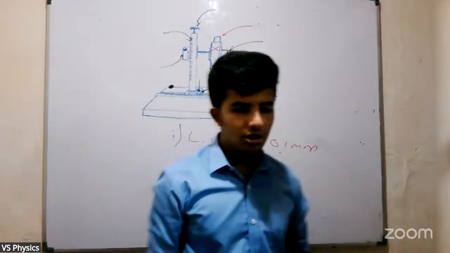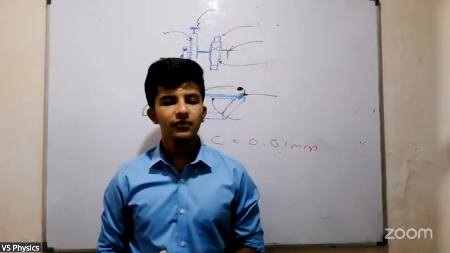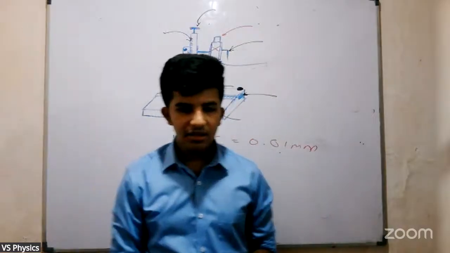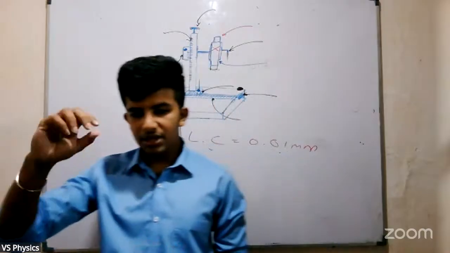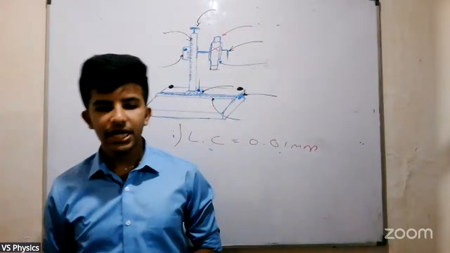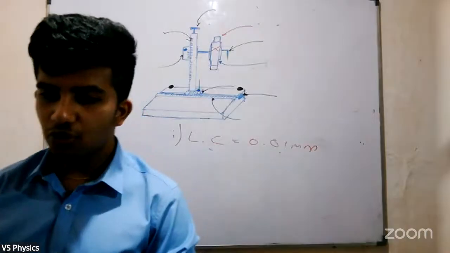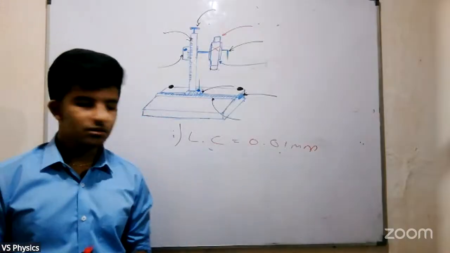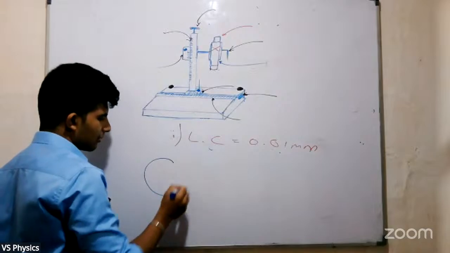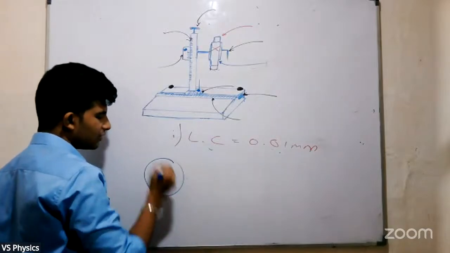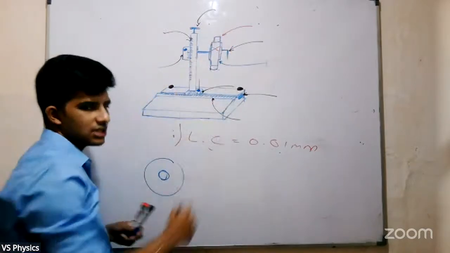We take another stand and fix the capillary tube coaxially with the microscope and focus on its face. There is a face of the capillary tube, and we focus on this face. How do you focus? Using the focusing knob.